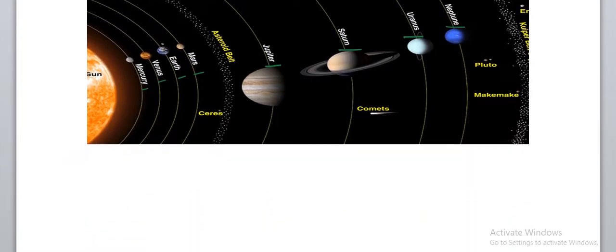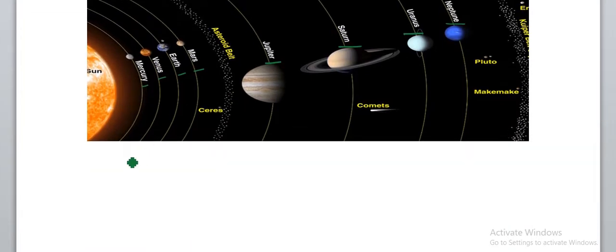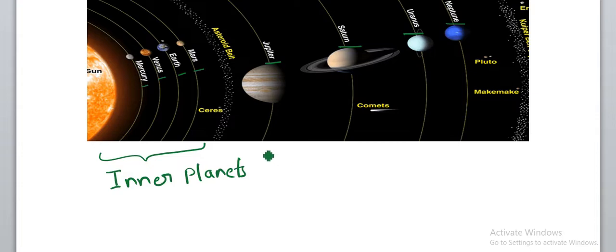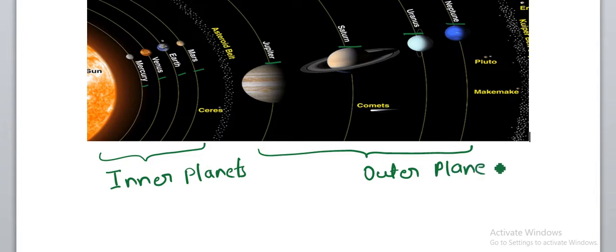Now these 8 planets in our solar system are divided into 2 groups. So these 4 planets are called inner planets, while these 4 planets are called outer planets, right?